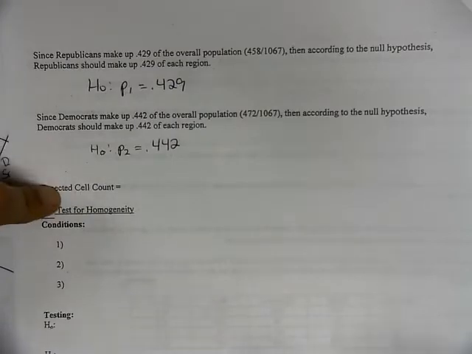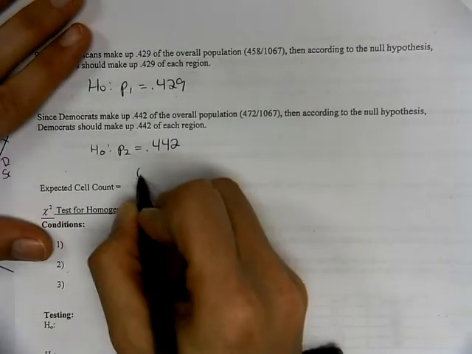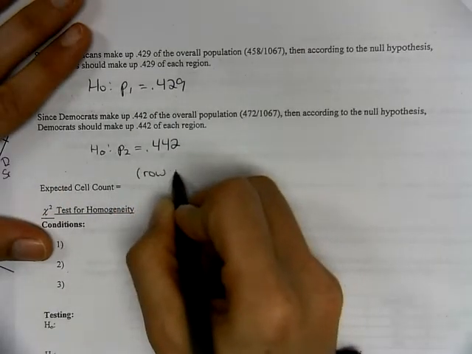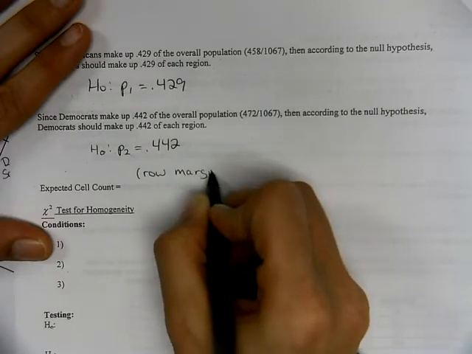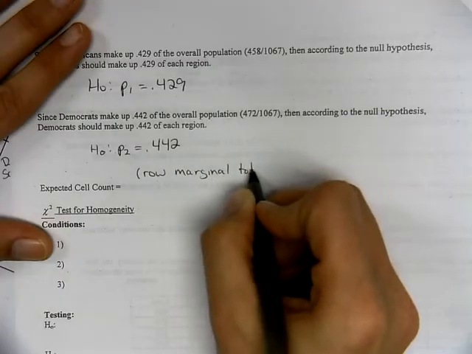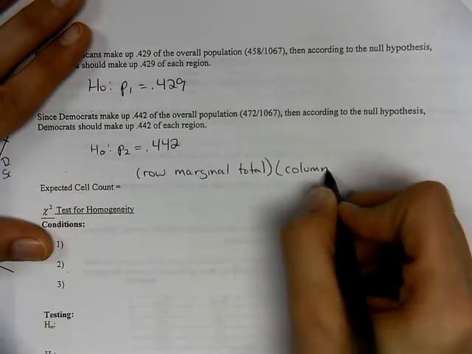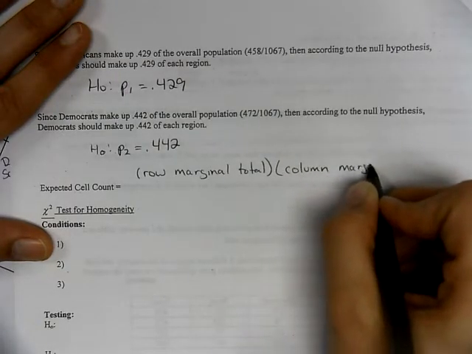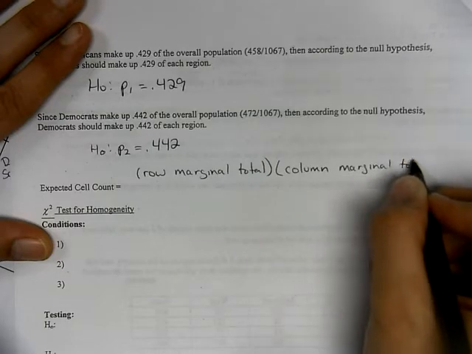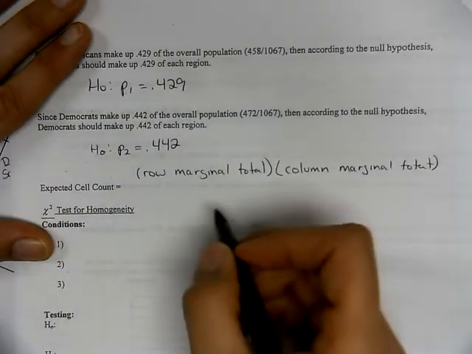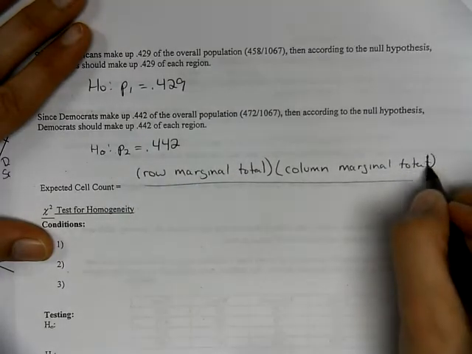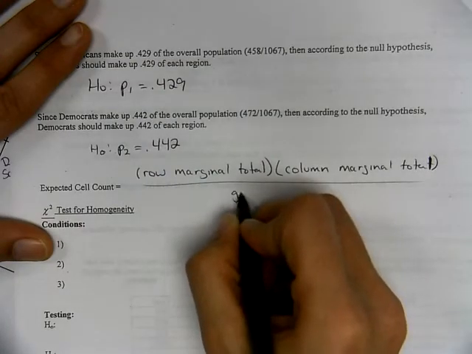So what they do is they look at the row marginal total and you multiply by the column marginal total, and then you divide by the grand total.